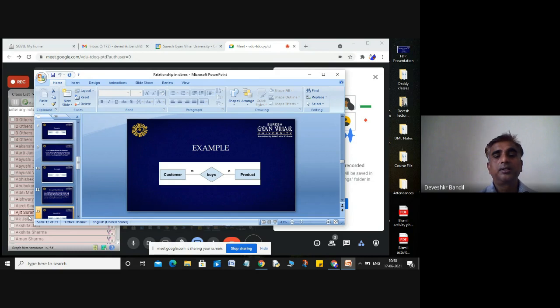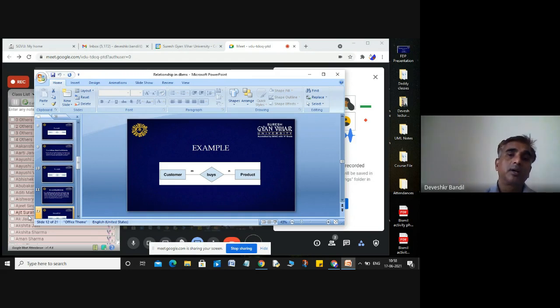This is the relationship between order and product. And now suppose you have three tables: customer, order and product.